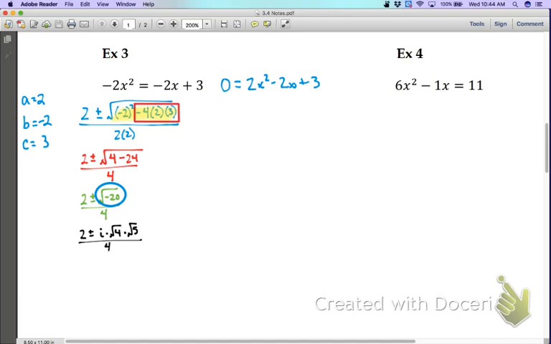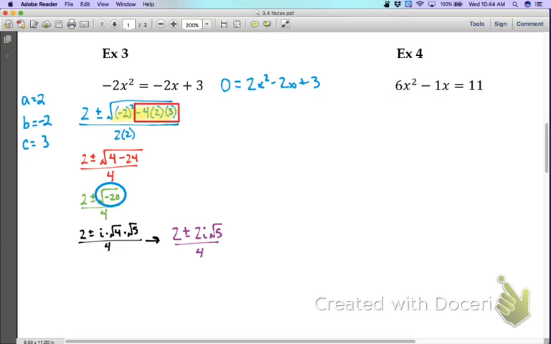I brought the i out because it was negative. And then I have the square root of 4, which is 2. So I'm looking at 2 plus or minus 2i times the square root of 5 over 4.